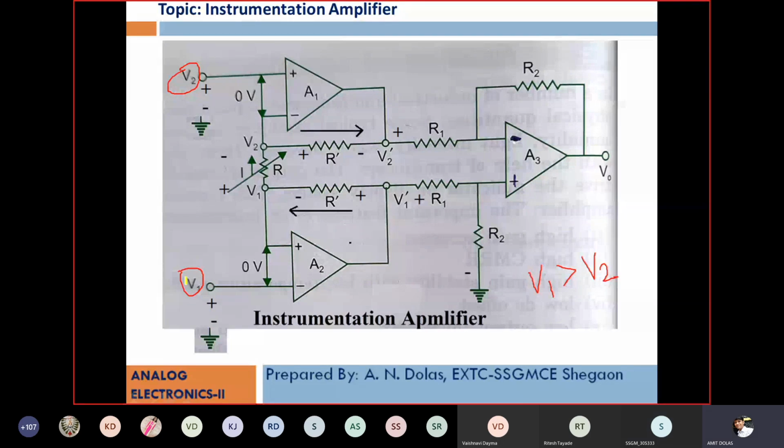As this V1 is connected to the A2 stage, to make the differential voltage 0, V1 will appear at the lower end of R, and V2 is connected to A1, and to make the differential voltage equal to 0, V2 will be reflected at the upper end of R. R is the vertical resistance जो मैंने लगाया है यहाँ पे. And as V1 is greater than V2, the lower end of R will be at higher potential than the upper end of R. So current will pass from higher potential to lower potential. That's why the direction of current I is shown upward.